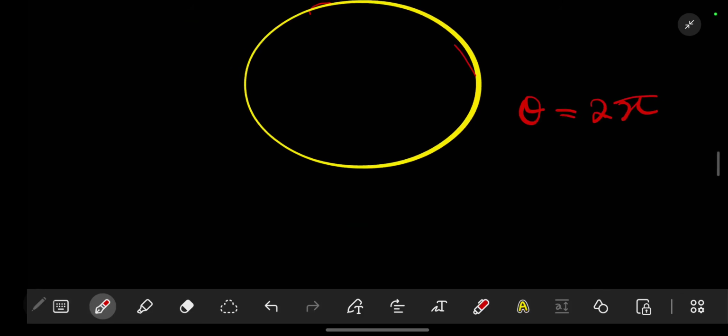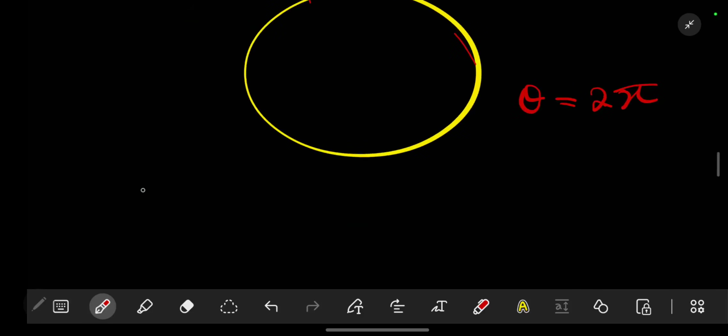Therefore, if you are also required to derive the other formula, we are going to have something like this. It's still the same: speed is equal to distance over time.